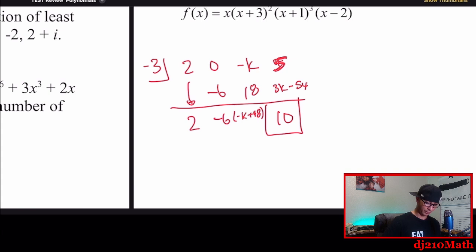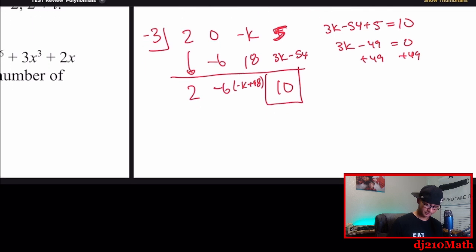This is saying that when I add this, 3k minus 54 plus 5 must equal 10. So this is going to be 3k minus 49 is equal to 10. Plus 49, plus 49. So 3k is equal to 49. So k is going to equal 49 thirds.